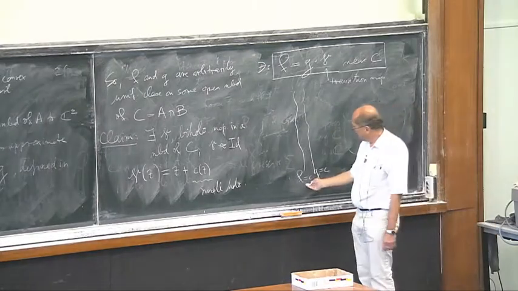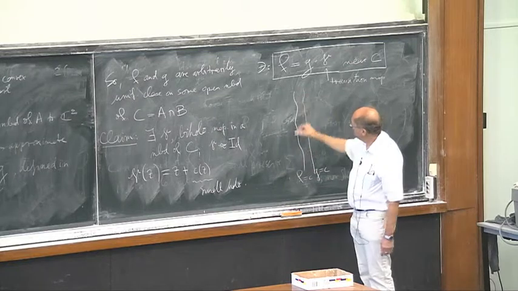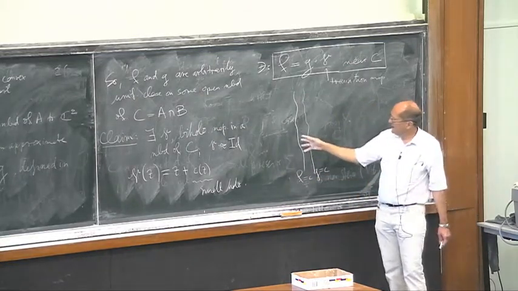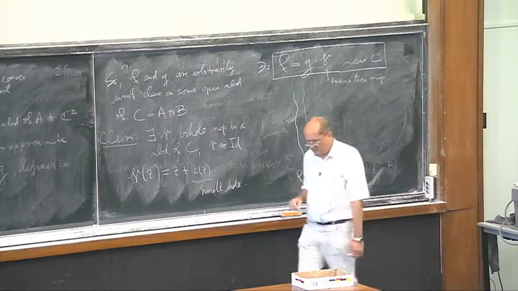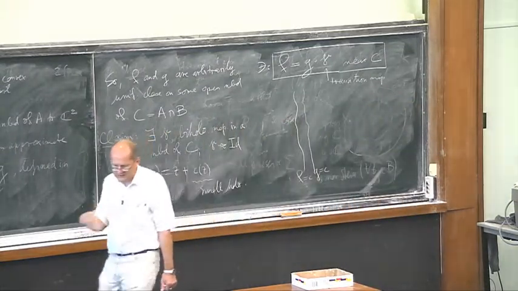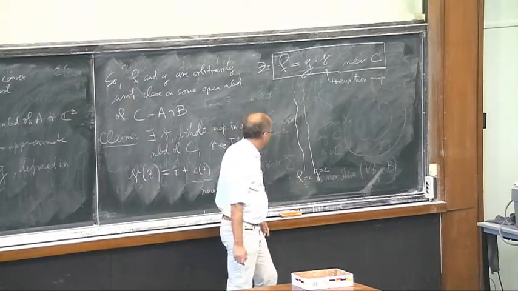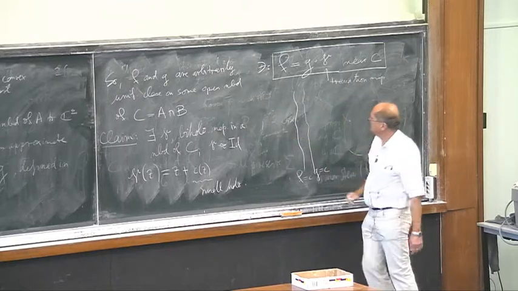But there is one other thing: I have a foliation by levels of F. But remember that this foliation has trivial normal bundle, because the normal bundle is essentially just defined by differentials of the components of F. So in this normal direction, we have triviality.